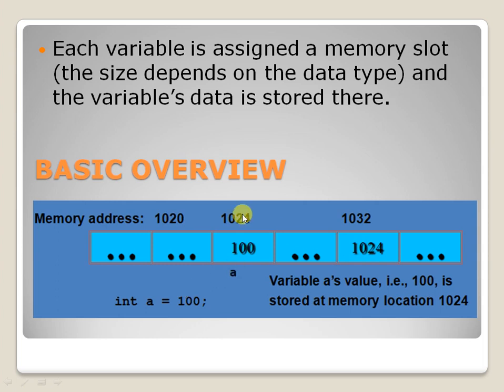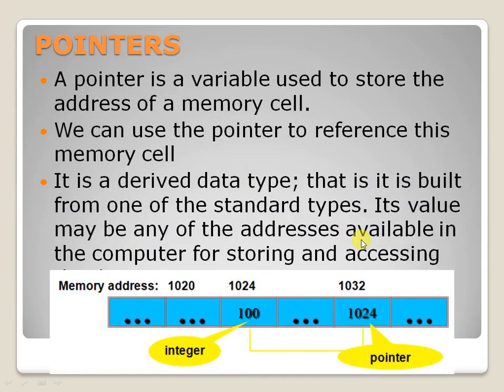So if a is stored at 1024, the pointer to a will hold the memory address of that particular variable. So a pointer stores only the memory address. It's not the value assigned, it's not the value that is given by the user, but it holds the memory address, and this memory address is the reference to the variable that you are using.